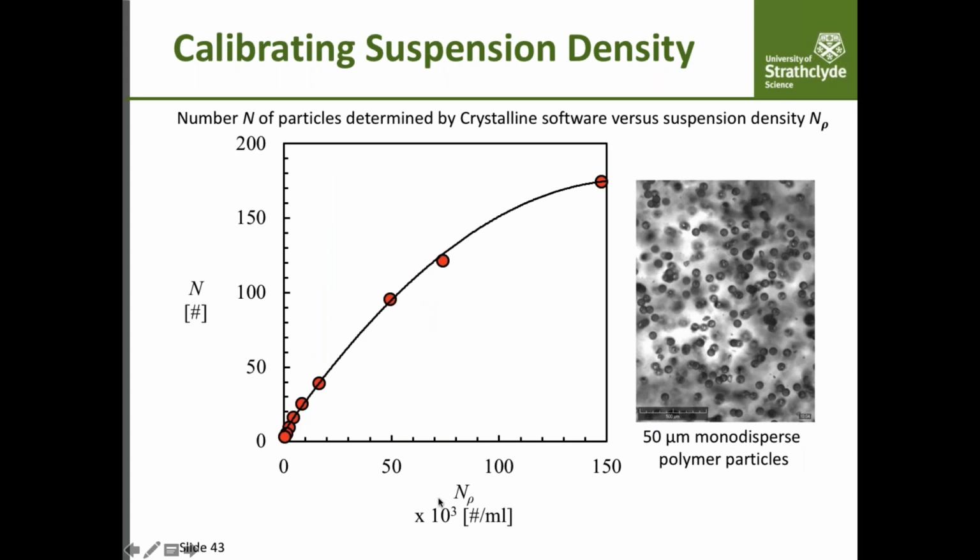And then we also determined the number of particles determined by the crystalline software, and that is on the y-axis. So that is n. This gives a relation between the suspension density we put in, which we know in the case of the monodisperse particles, and the number that is measured by the crystalline software. So now we can use this to translate the number we measure during a single seed experiment to a suspension density.